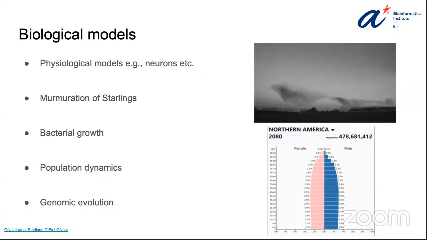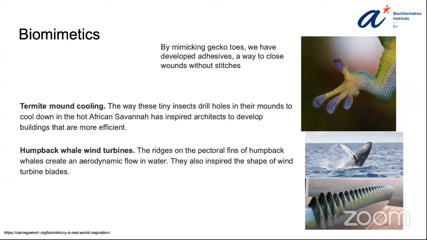Okay. So having said that, I would like to now take 1 or 2 minutes to explain the concept of biomimetics, right? So biomimetics is another area where you use things that exist in nature and translate them into technology.